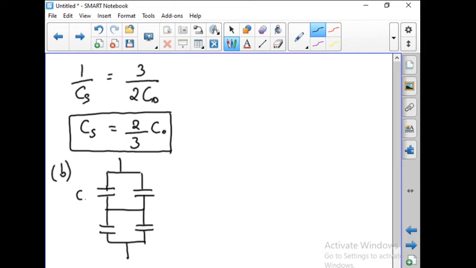Here also the capacitances are C0. How will we calculate the equivalent capacitance? Let us see which combinations are connected in series and parallel.